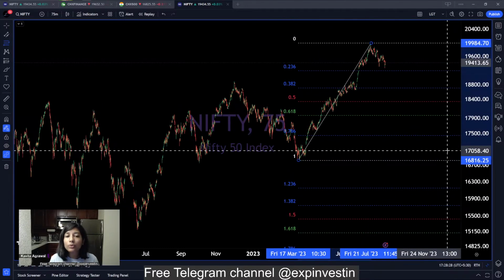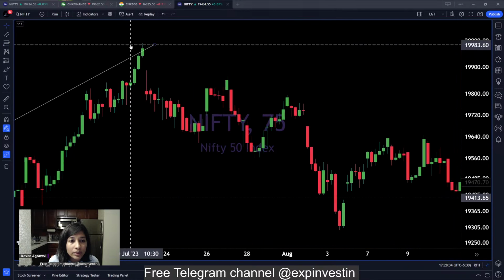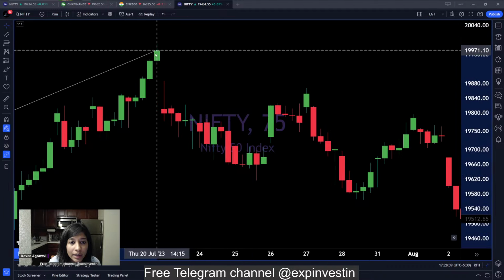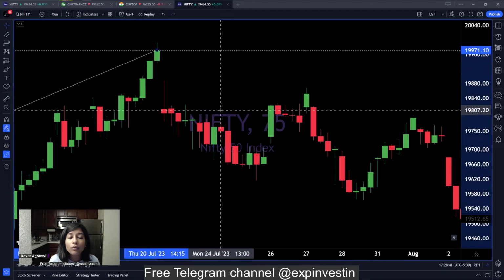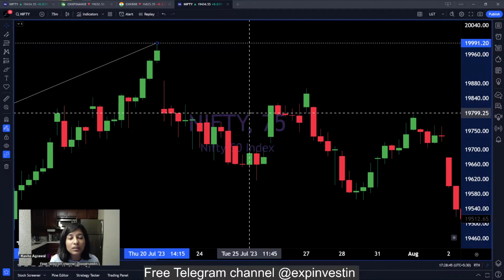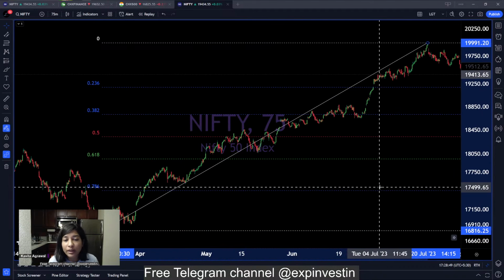Now there are different schools of thought about whether this wick should be a part of the Fibonacci retracement or should it end at the body itself on whichever time frame you are drawing. My personal opinion is it does not matter. In the stock market, you can never be very exact with your analysis.